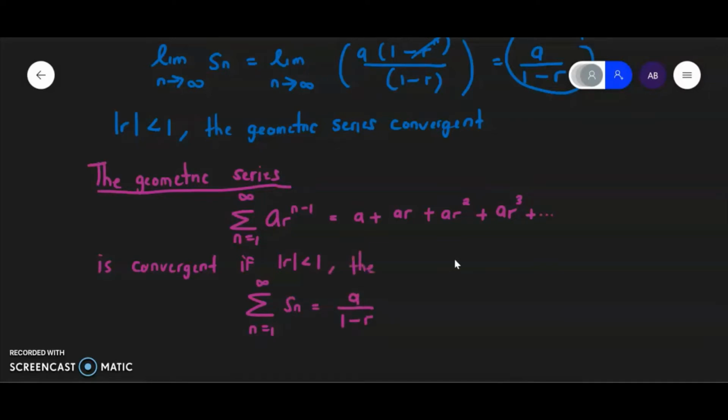If the absolute value of r is greater than or equal to 1, we say the series diverges.